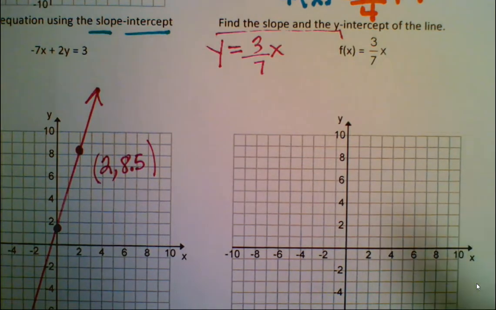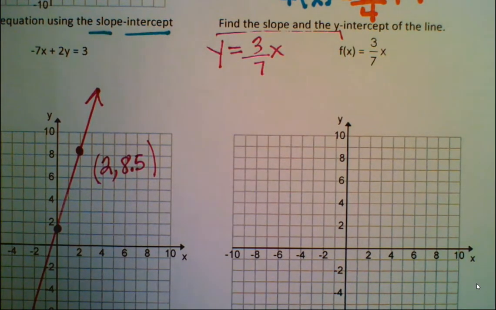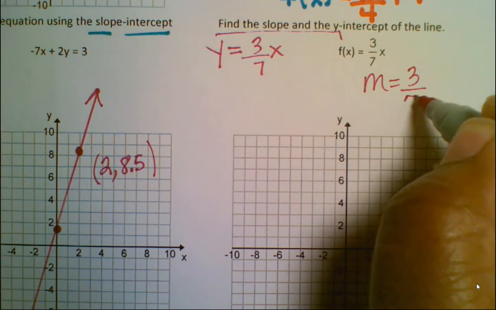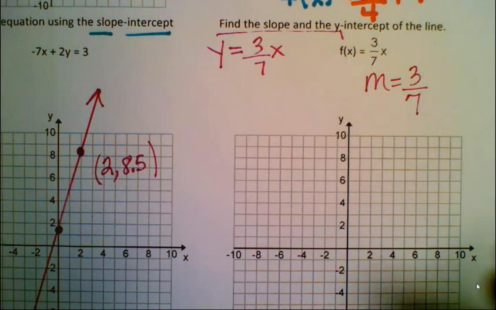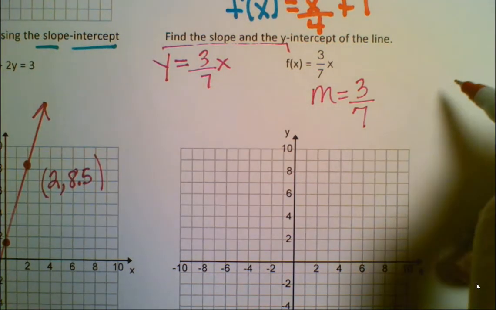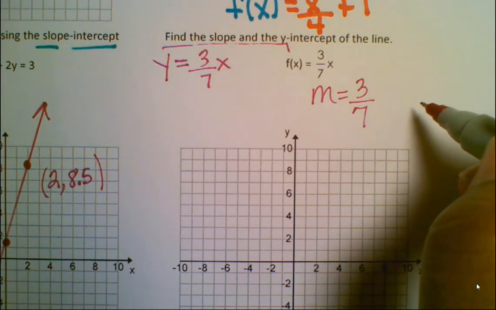Okay, so with what we have here, we want to find the slope and the y-intercept. Well, we have a slope, which is 3 over 7, but do we have a y-intercept? Okay, we do have a y-intercept, but what is it?